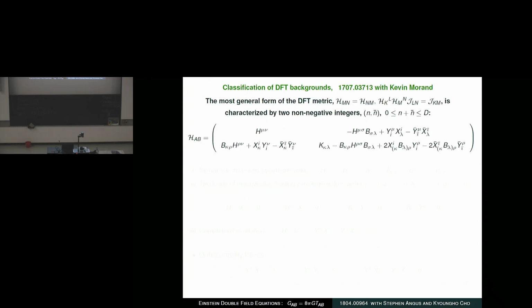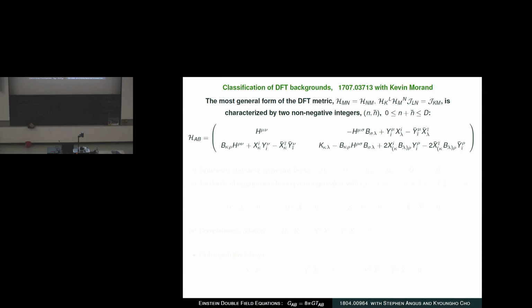So with Kevin Moran, we obtained the classification of the most general form of the DFT metric satisfying these two properties. It turns out to be characterized by two non-negative integers, n and m bar.